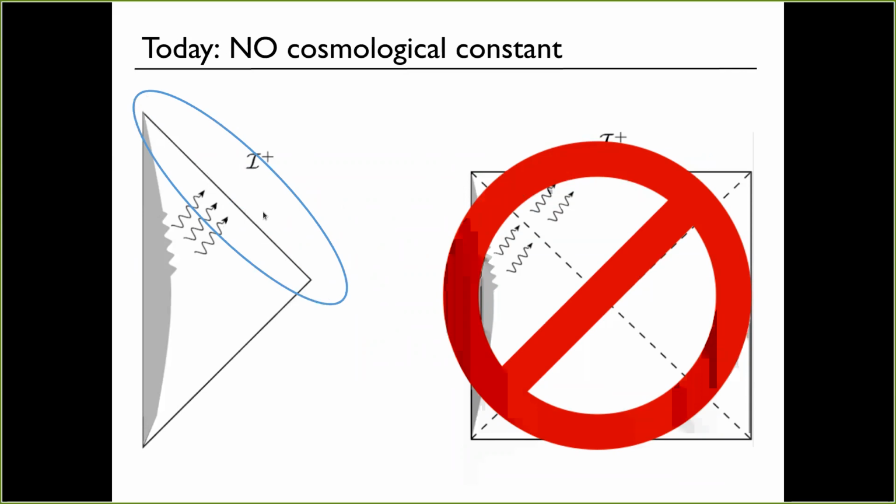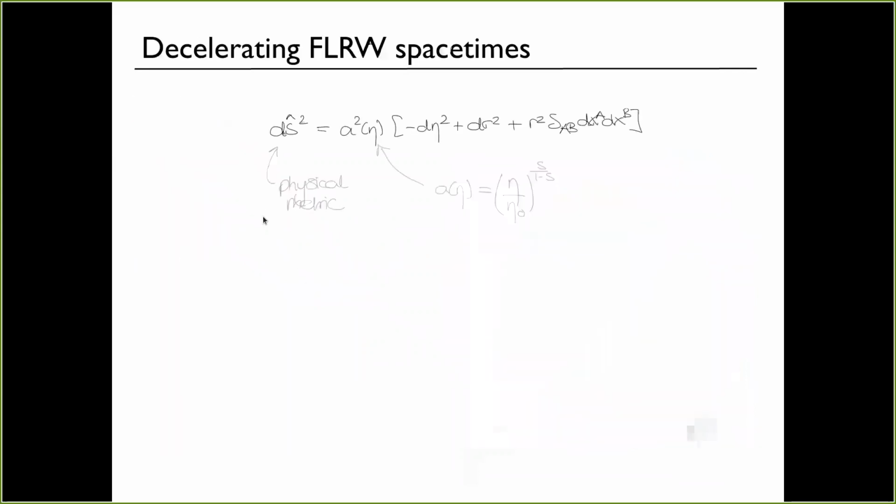And just as asymptotically flat spacetimes are modeled after flat spacetime itself, I'm going to model this large class of spacetimes, but first study this archetypical canonical example, which will be decelerating spatially flat FLRW spacetimes.